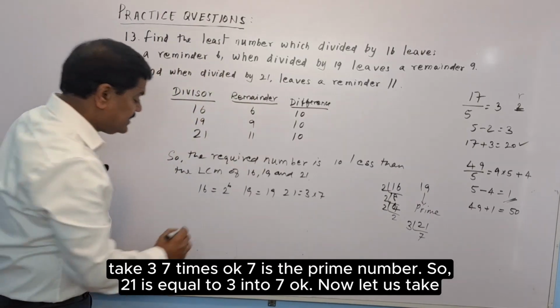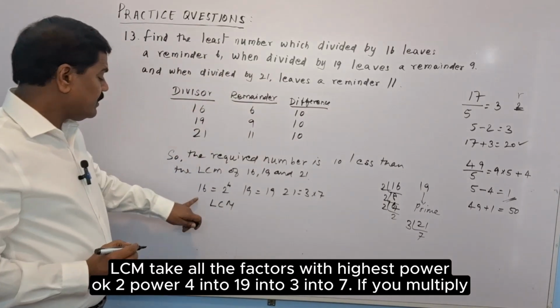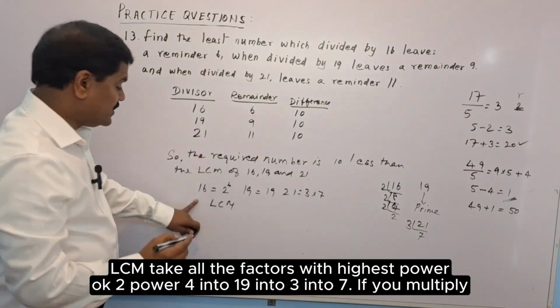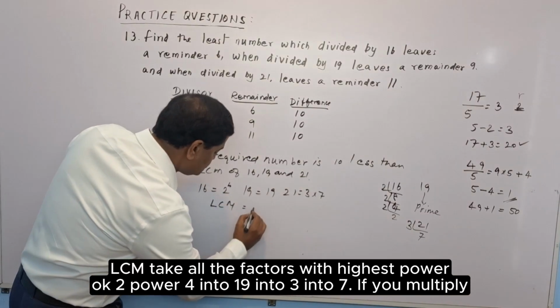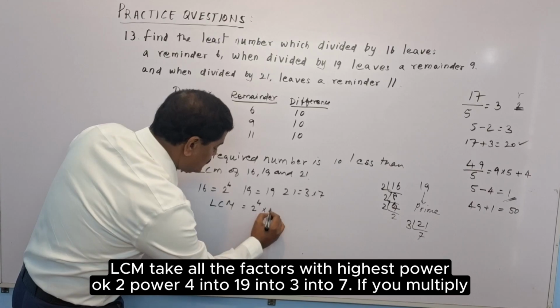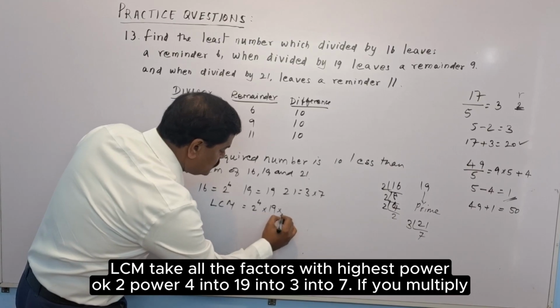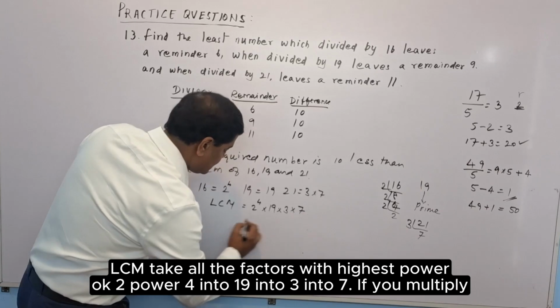So 21 is equal to 3 into 7. Now let us take the LCM. Take all the factors with highest power. 2 power 4 into 19 into 3 into 7.